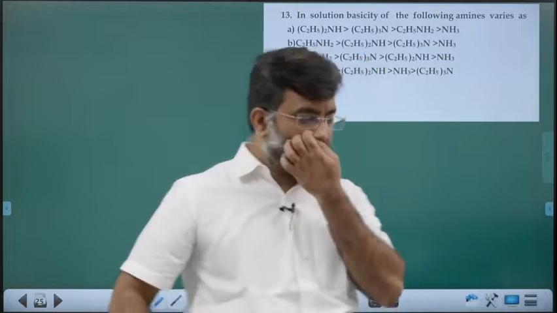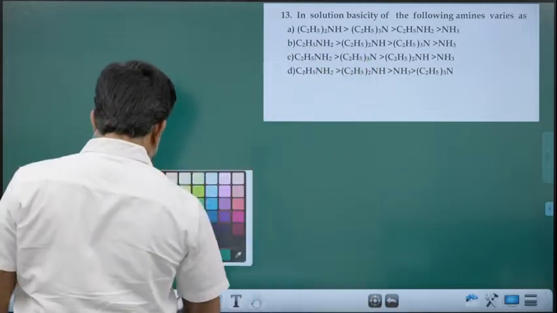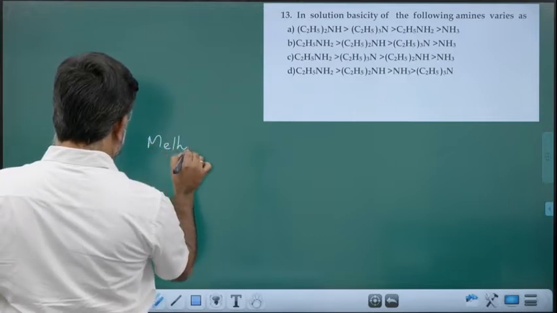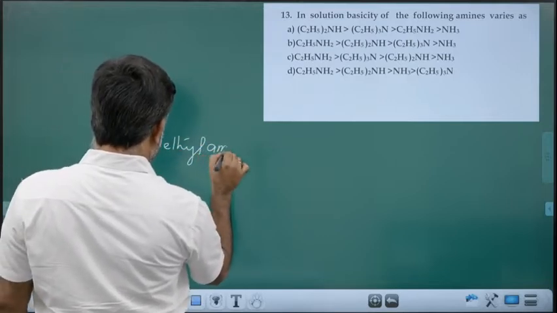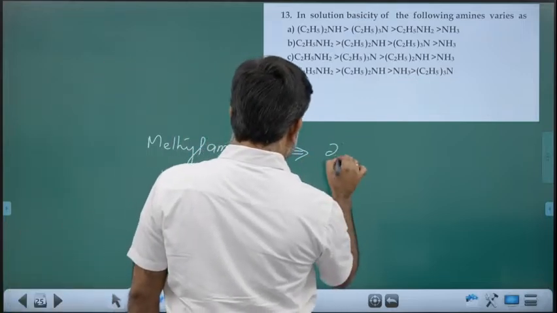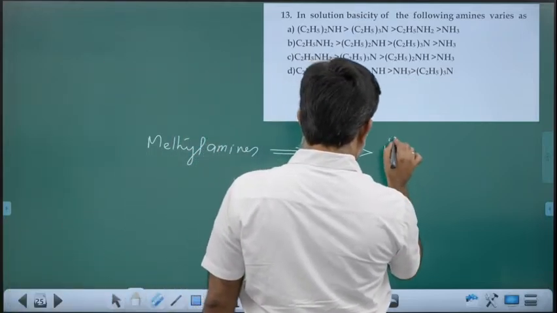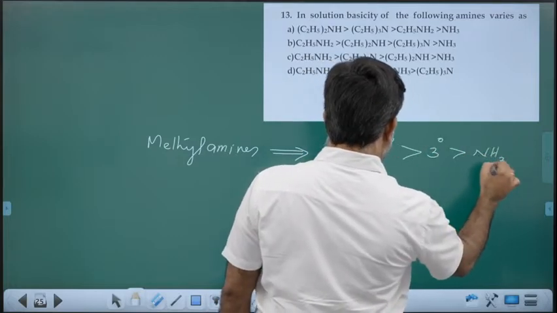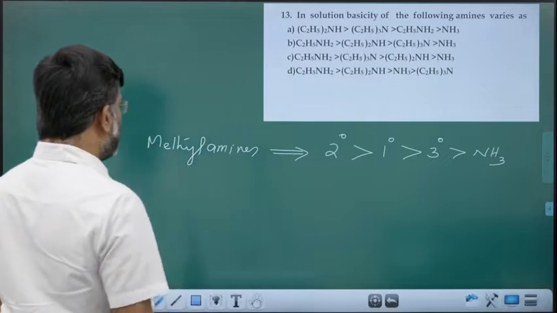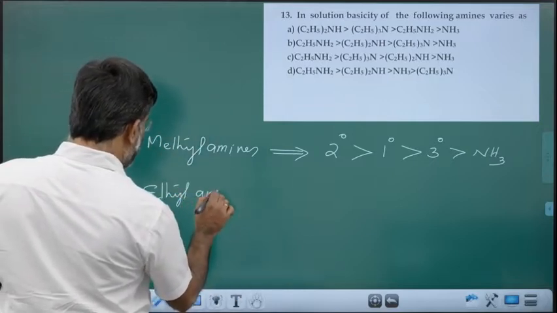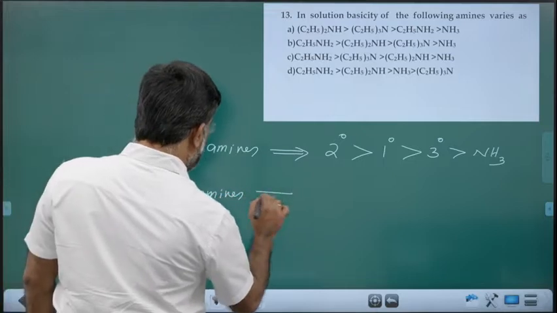For methylamines, as you have learned, the order comes as secondary greater than primary greater than tertiary greater than ammonia. While for ethylamines, what is the order?